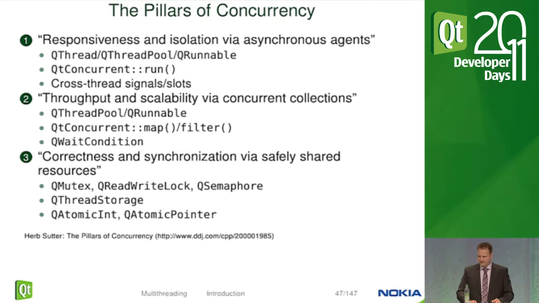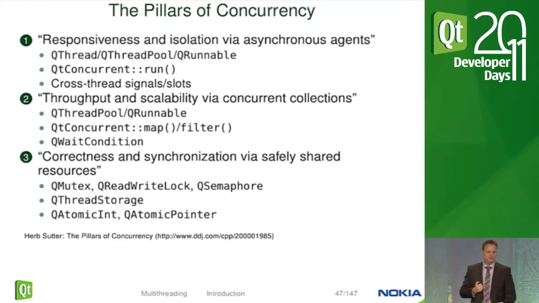This guy called Herb Sutter, how many of you know him? A few. He's writing in Dr. Dobb's Journal. He's working for Microsoft on their compiler division, something they like to do multi-threaded for some reason. He's written this article that is definitely a worthwhile read, The Pillars of Concurrency, telling you about the basics of concurrency and why they're important.